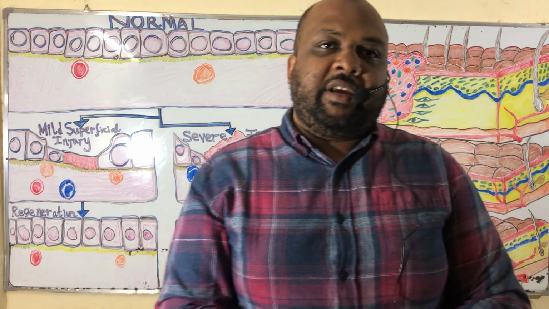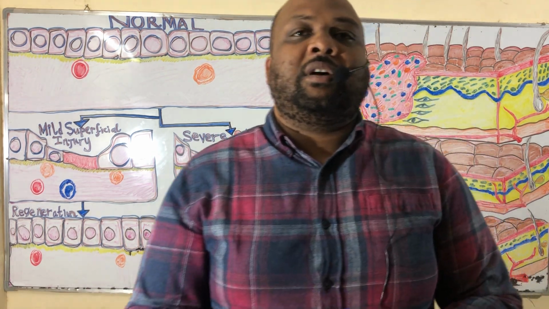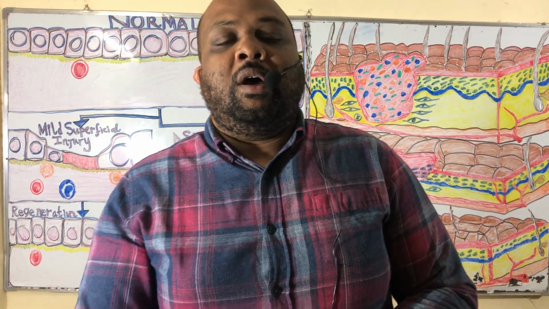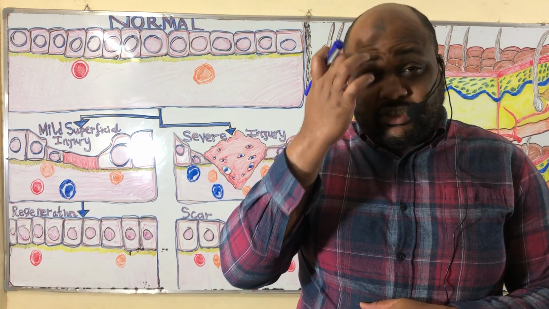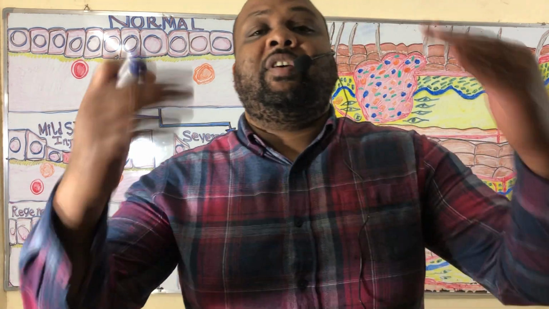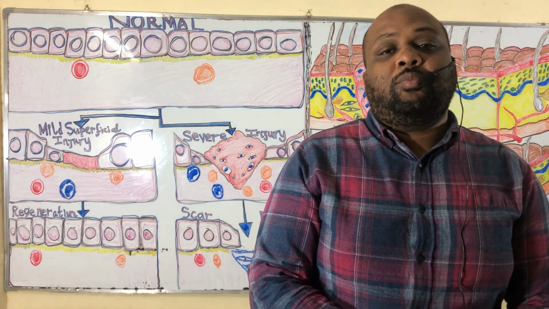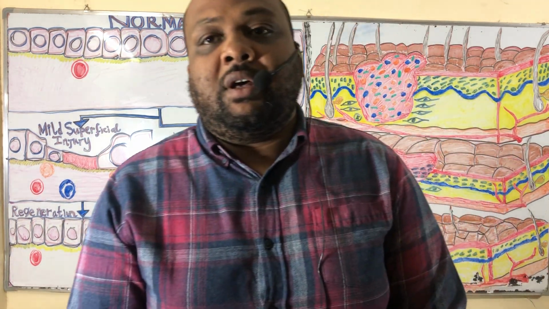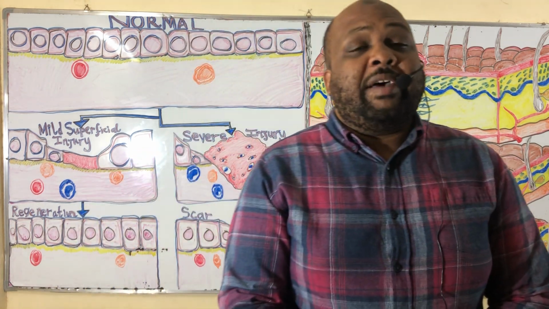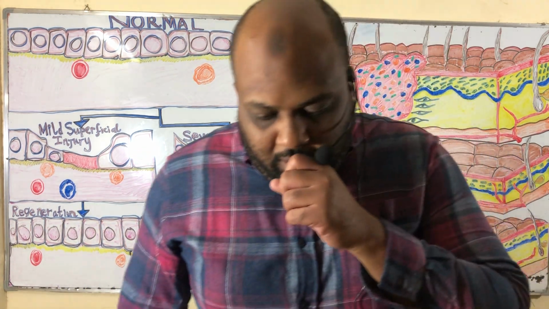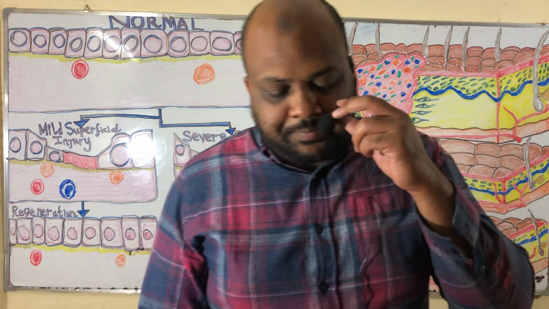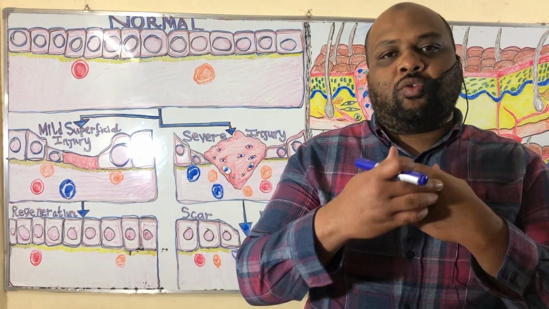fungal, and parasitic infections. The cell may undergo a physical agent stress, such as a severe increase in temperature or a severe decrease in temperature. That is a form of stressful, noxious agent. We also have chemical agents such as corrosive agents.